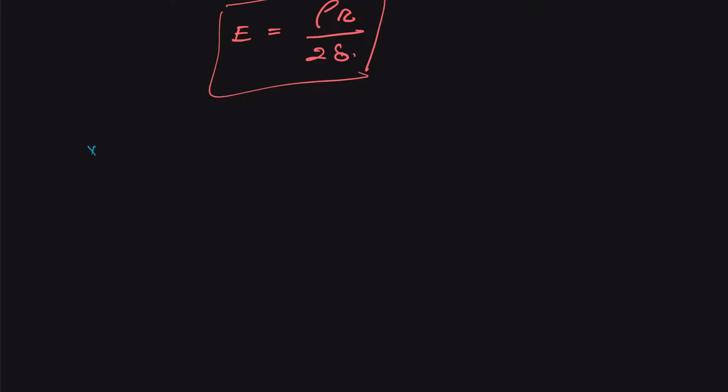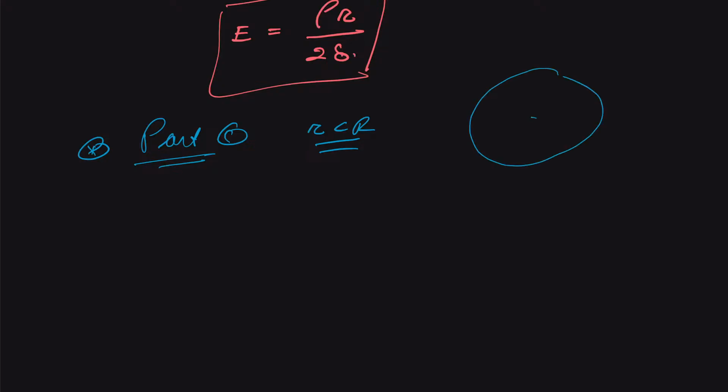So we have part C, and part C is our sphere. In this case we take a Gaussian surface whose radius is less than capital R. So this is our sphere, and the Gaussian surface we have taken something like this of radius small r.